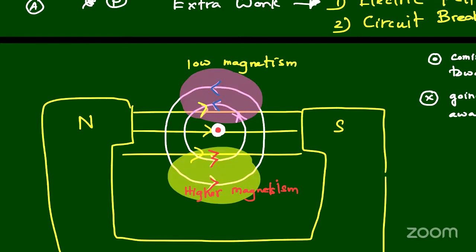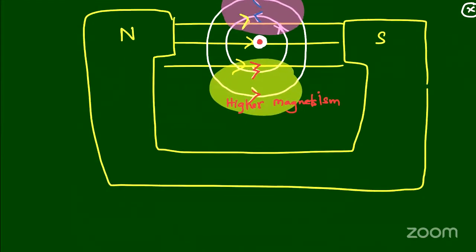The reason is the arrows are pointing in opposite directions. This is something like the resultant force, right? In the first unit, we discussed these things.